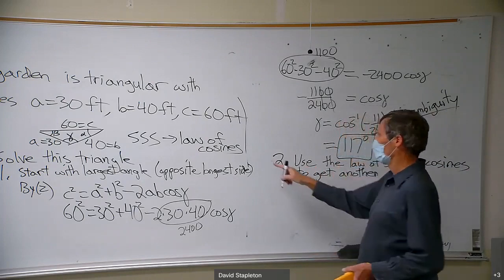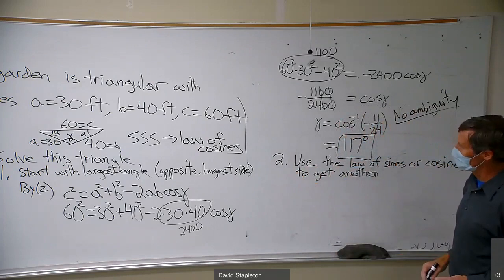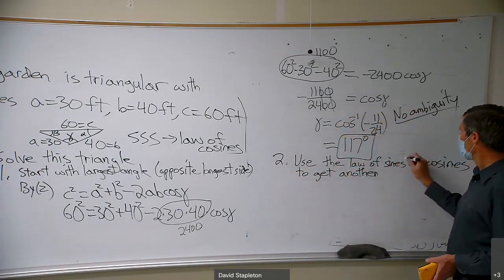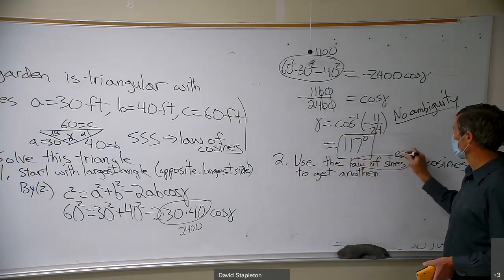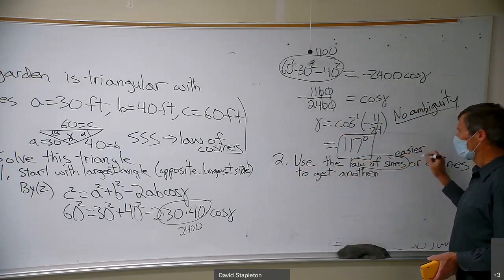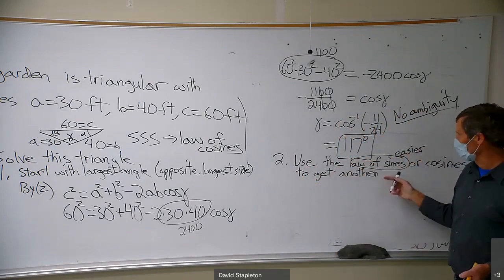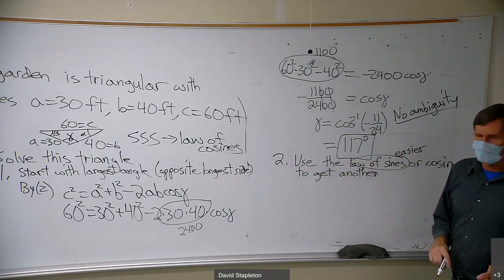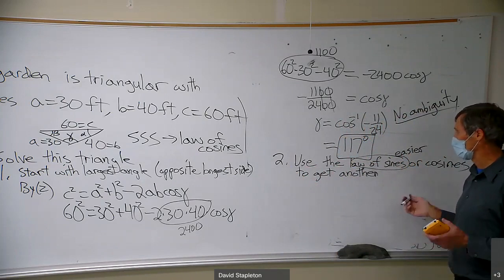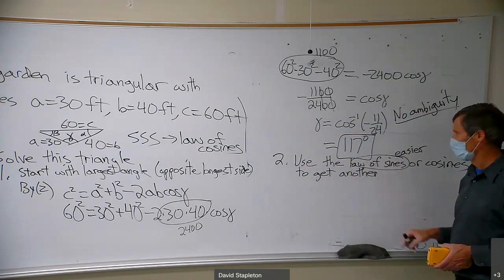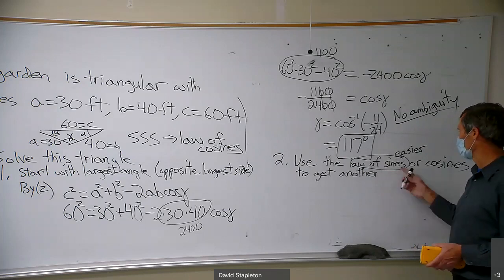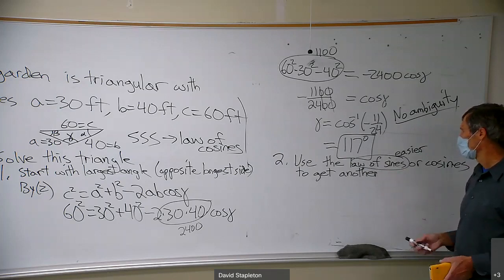However, the law of cosines is a little more complicated. So the law of sines is actually easier. It's a little shorter. Almost every book I ever remember used the law of sines as the second step rather than the law of cosines. You can use the law of cosines, it works just fine, right? I don't care on the test, whichever way you like to do it. I'll use the law of sines because it's shorter.